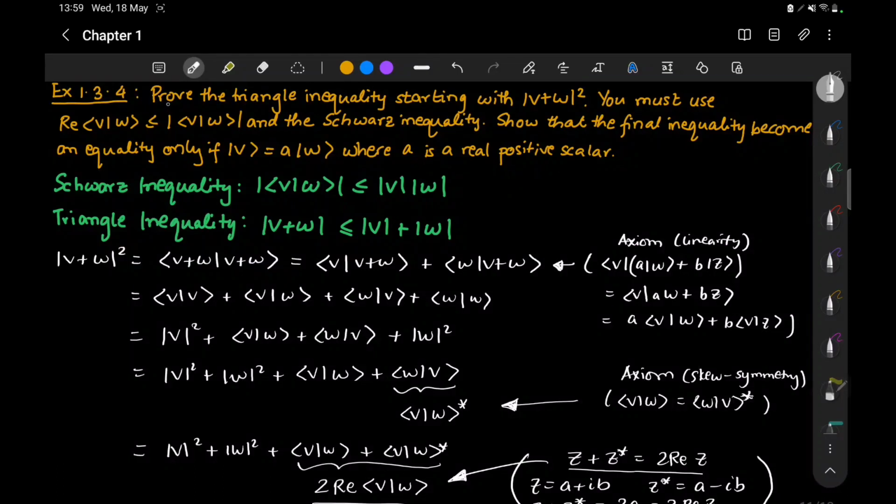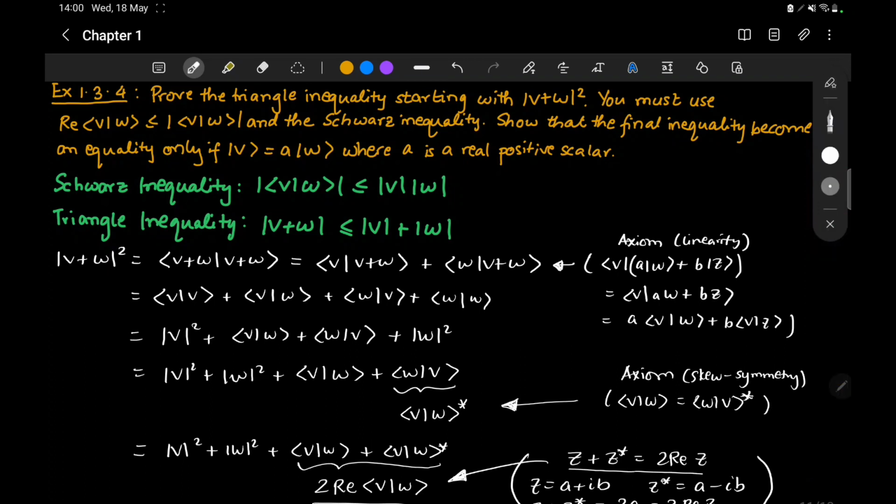So we have completed the first part, which said prove the triangle inequality by using the Schwarz inequality and this particular identity. Next it says show that the final inequality becomes an equality only if v is equal to a times w, where a is a real positive scalar.